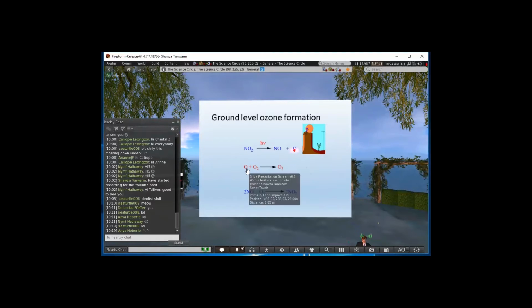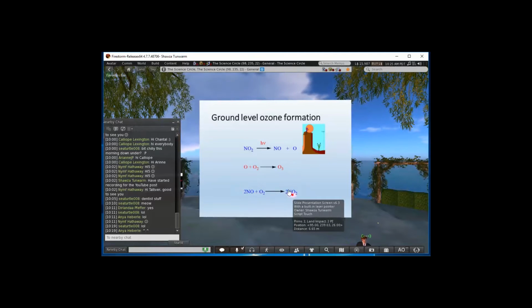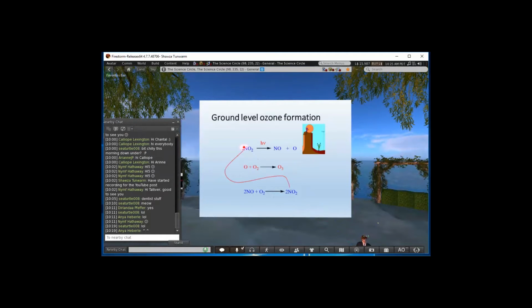Well, the oxygen atom has no trouble finding an oxygen molecule and making ozone right at the ground layer where you can breathe it. Delightful. In a much slower process, the nitric oxide can recombine with oxygen to give us the nitrogen dioxide again. And this nitrogen dioxide can absorb more light. This is a catalytic cycle for making ozone at ground level. So that's a problem.